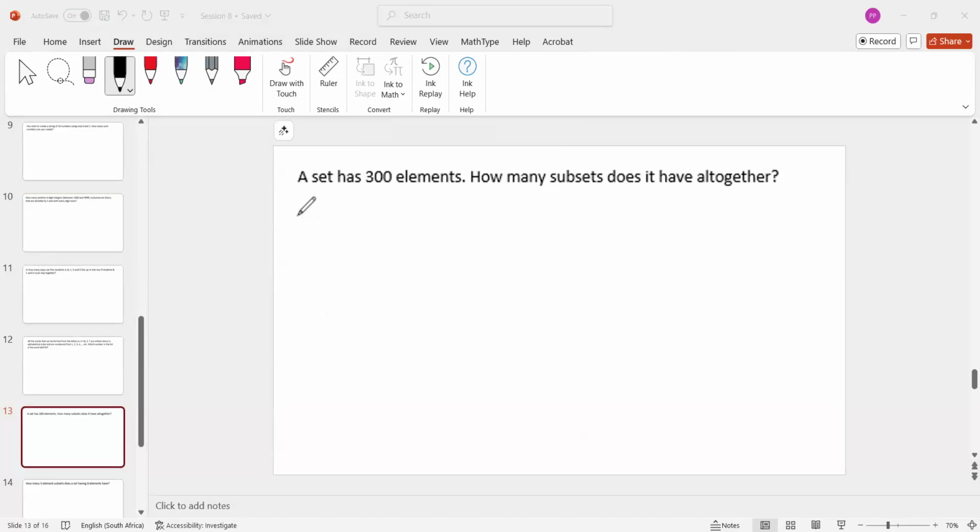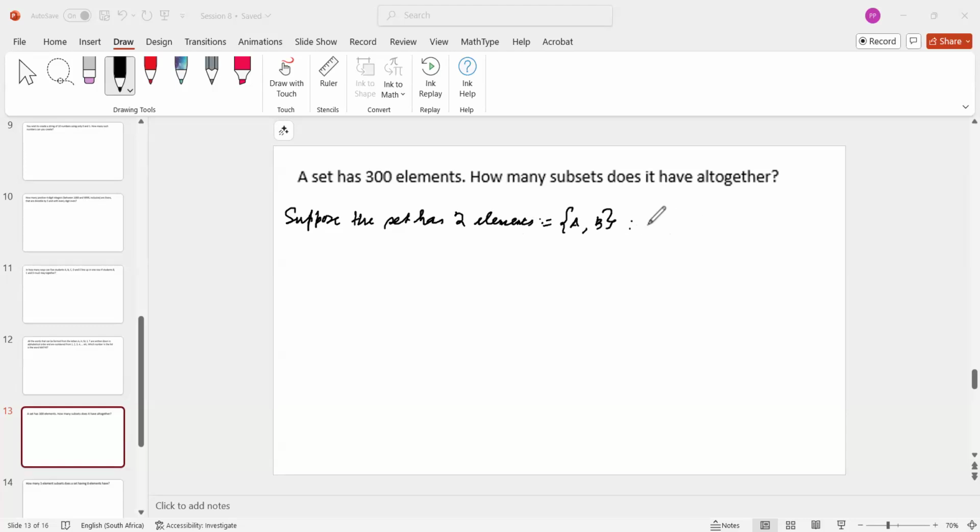Suppose the set has 3 elements. I'll make it 2 elements. Let's call it AB. So what are the subsets?